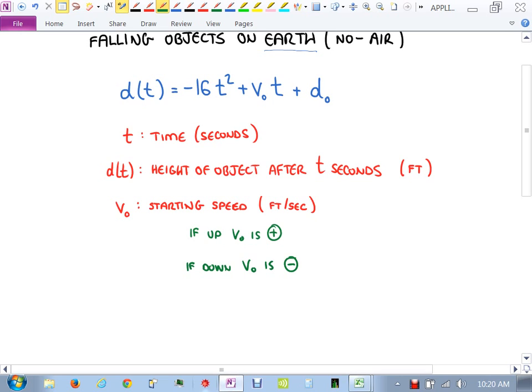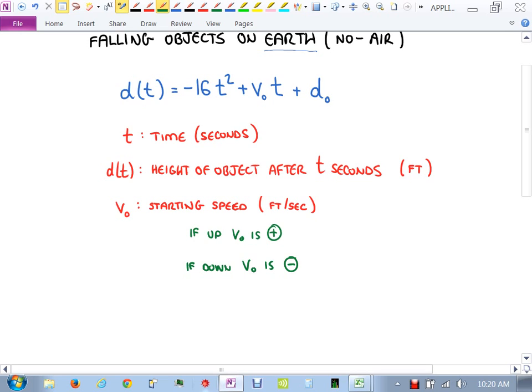All right, now I gave that one starting speed, it got there faster, right? So if you have an object and you give it a starting speed downward, okay, downward, then you will put a negative number here, okay? A negative right in front of that t.